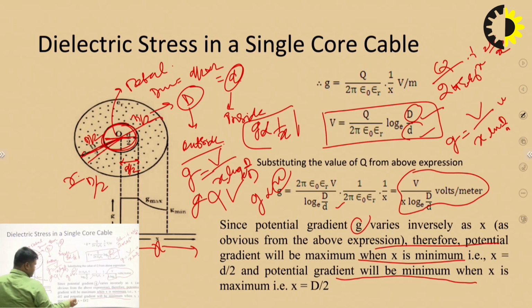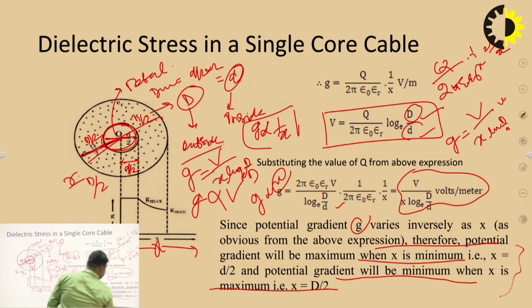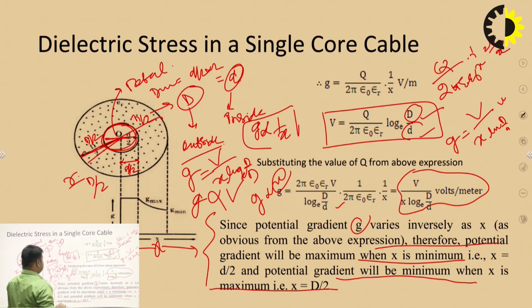From the last slide, the gradient will be maximum when x is minimum, x equal to d by 2, and the potential gradient will be minimum when x is maximum, that is D by 2. This is the term you have to follow in this case.